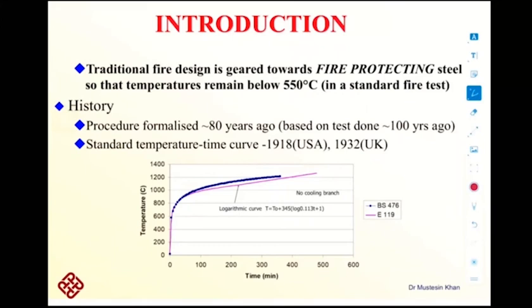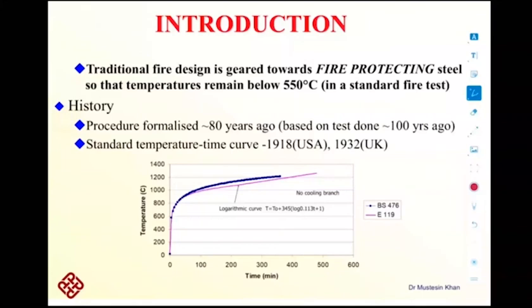And according to that approach, they were assuming that if you are applying heat to a structural member, the temperature would increase, but the temperature of the structural member should not increase more than 550 degrees Celsius. It should not go beyond 550.